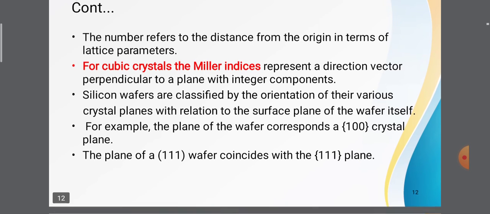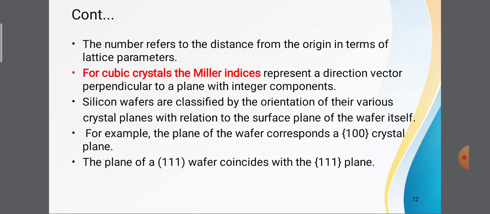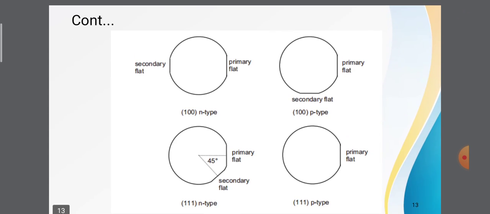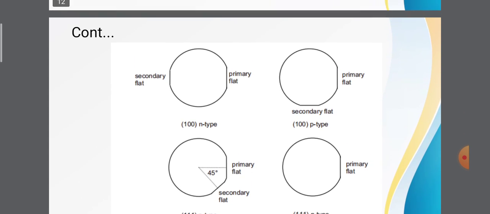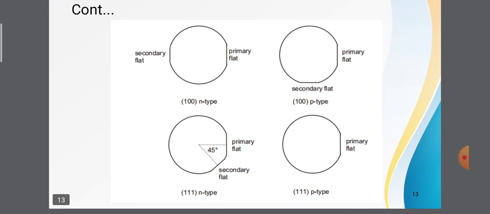For example, the plane of a 100 wafer corresponds to the 100 crystal plane. The plane of a 111 wafer corresponds to the 111 plane. So these are silicon wafers: 100 n type, 100 p type, 111 n type, 111 p type. Thank you.